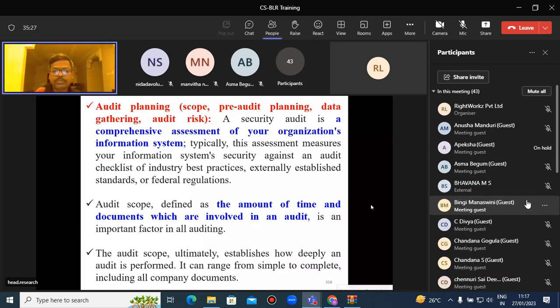Audit scope. What is audit scope? Audit scope is defined as the amount of time and documents involved in an audit, which is an important factor in all audits.